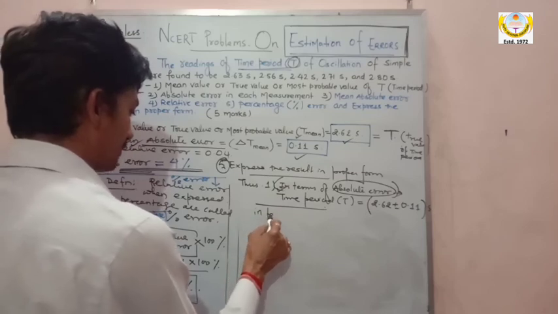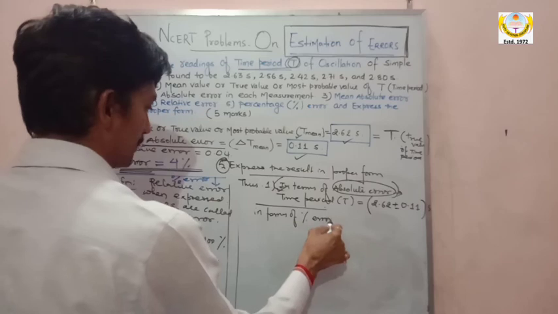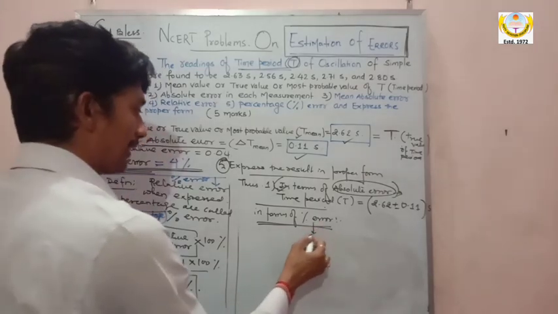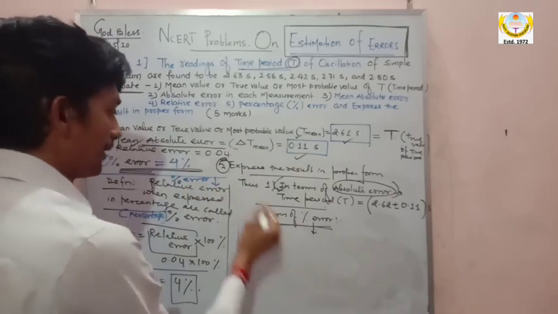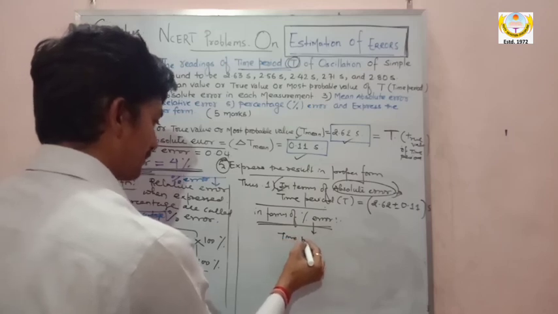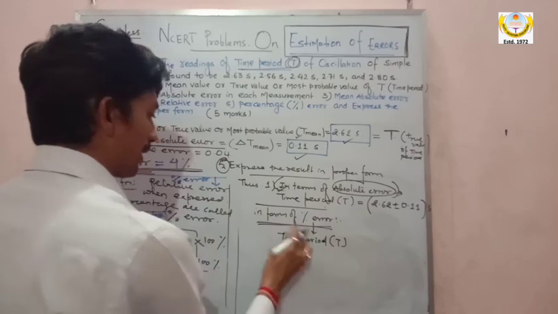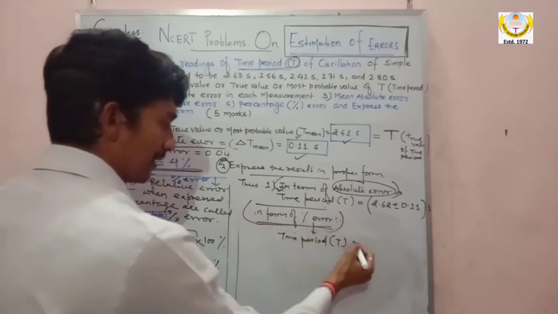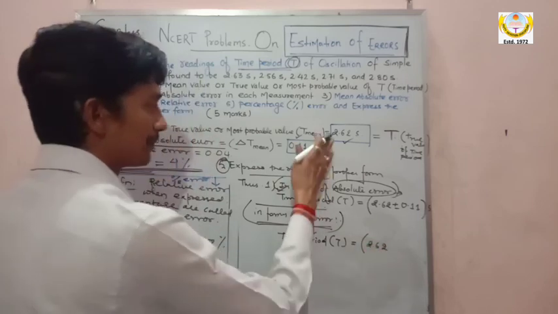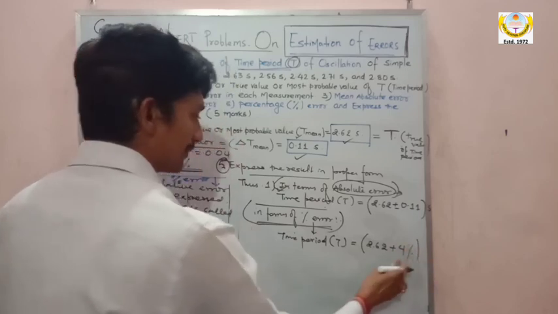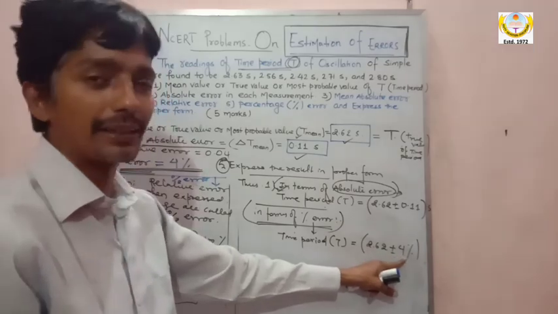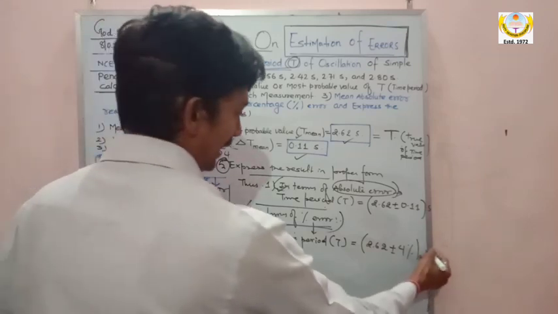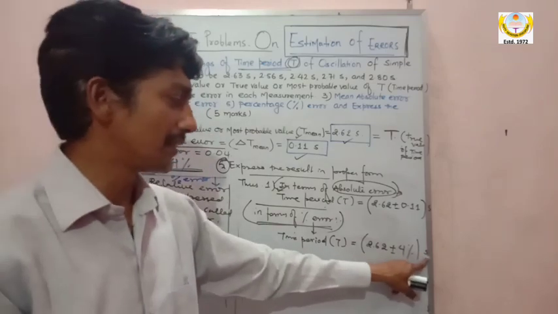In terms of percentage error, the time period capital T is nothing but 2.62, that is the true value, plus minus 4%, because the percentage I got is 4%. I hope it is clear, and again here it is second, because 2.62 is in second, so I will write second here.